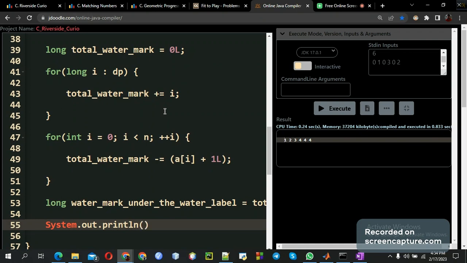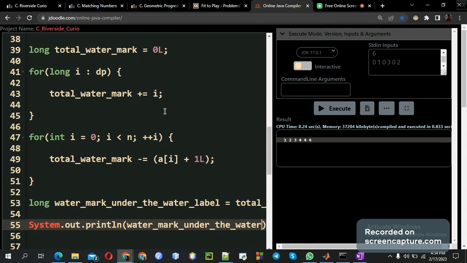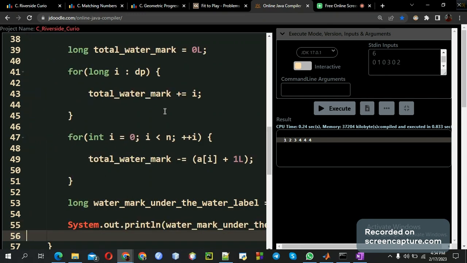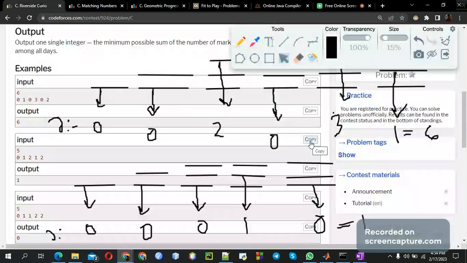System.out.println watermark under the water level. So what is the result we can get here? This is 6, which satisfies our first example.